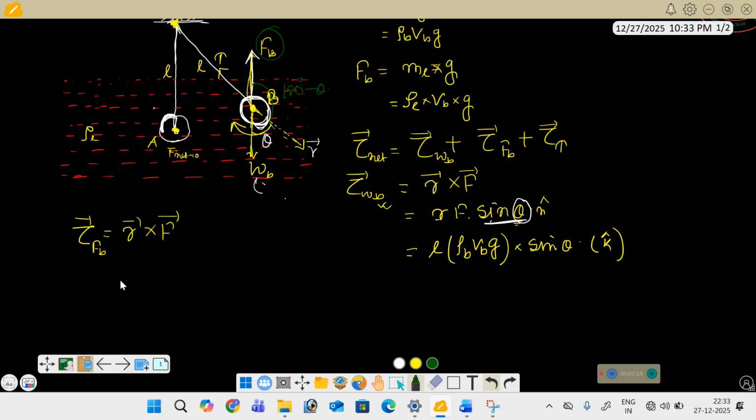So we write L, because the magnitude of R vector will be L. Now F is the force of buoyancy, then sine of 180 minus theta, because the angle between the position vector and force vector is 180 minus theta.